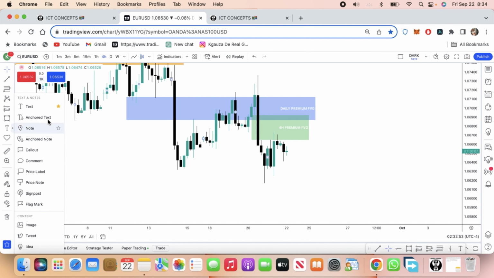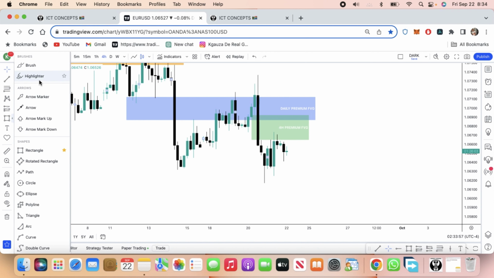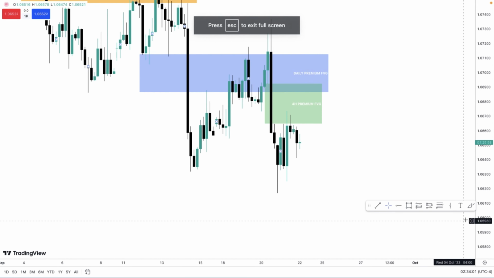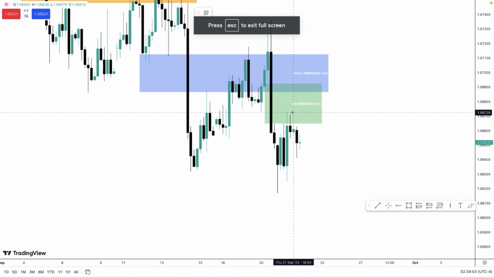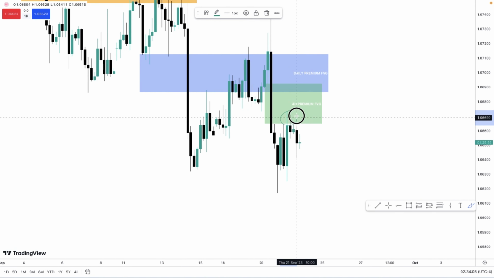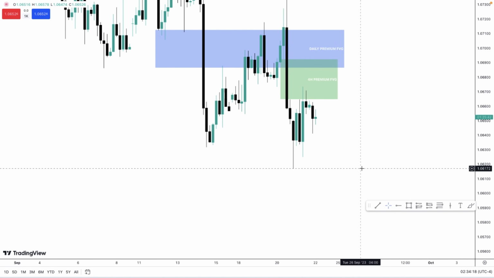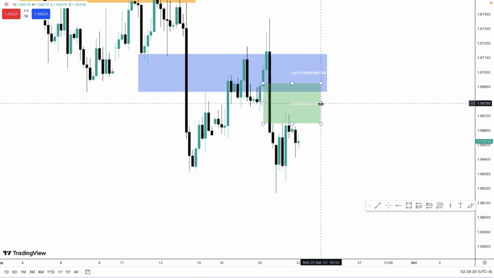I'm looking for the paint feature so that I may draw your attention to some. Okay, so I was talking about this. Price is using the wicks to enter this fair value gap, and then the bodies are staying below the fair value gap to indicate that price is in a sell program. So this is our 4-hour.